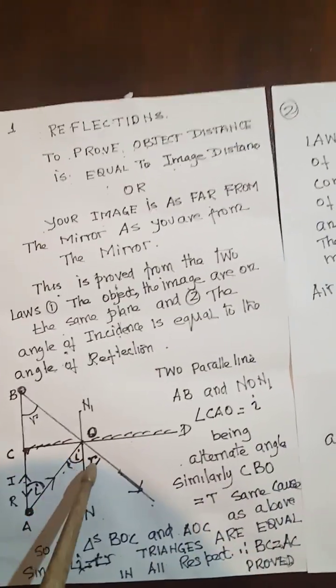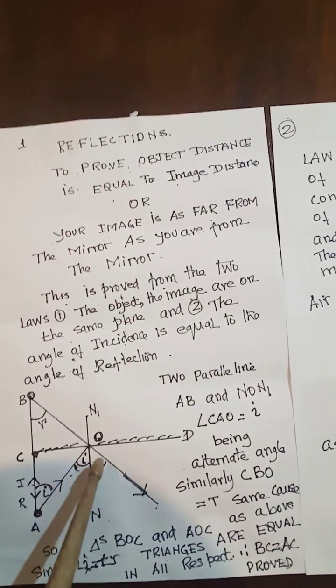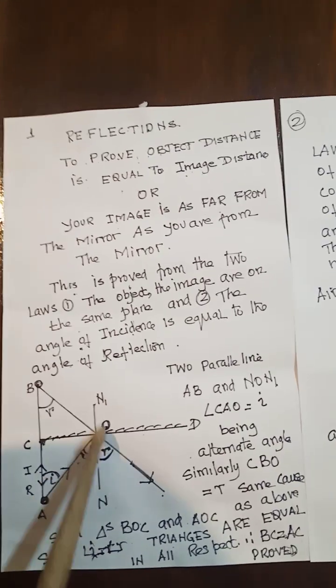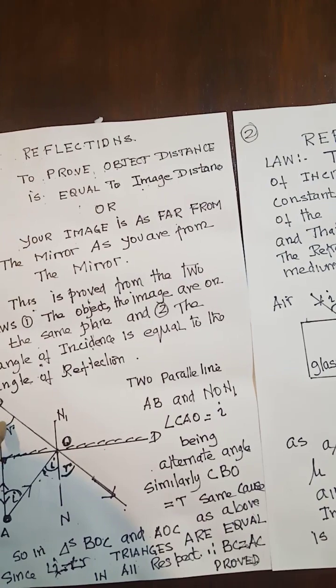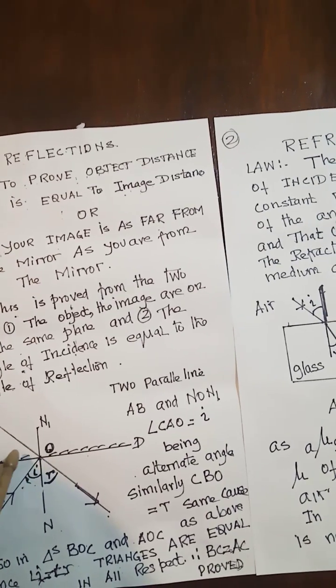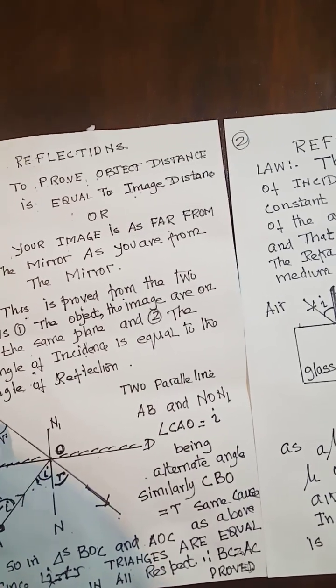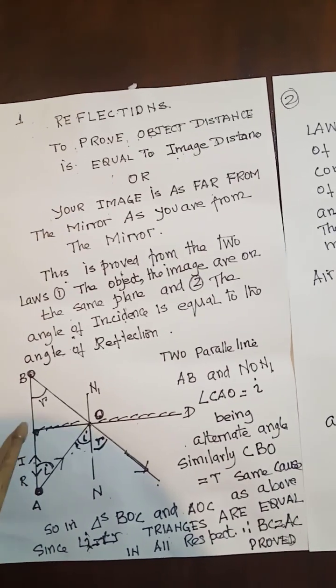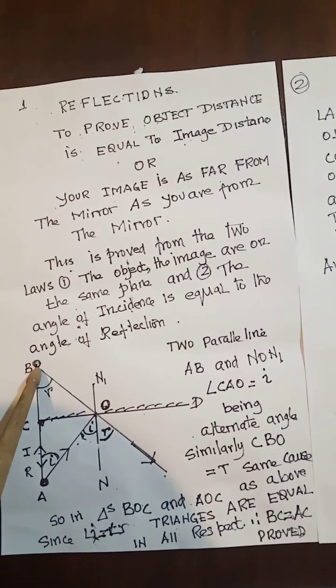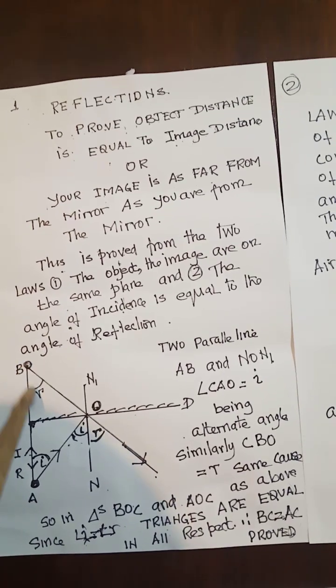You read this, see, because this is I and this is R, they are equal. Alternate angle I is this, this is 90, this is R, so all are similar triangles. BC will be equal to CA. So we are standing in front of the mirror, the image is equally distant from the mirror.